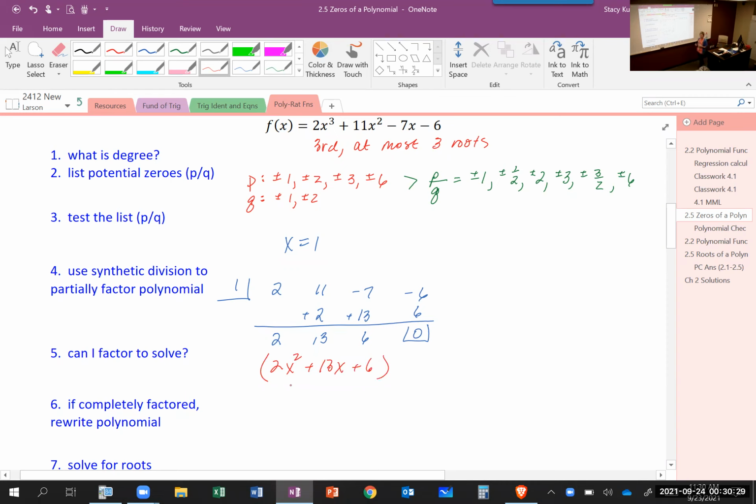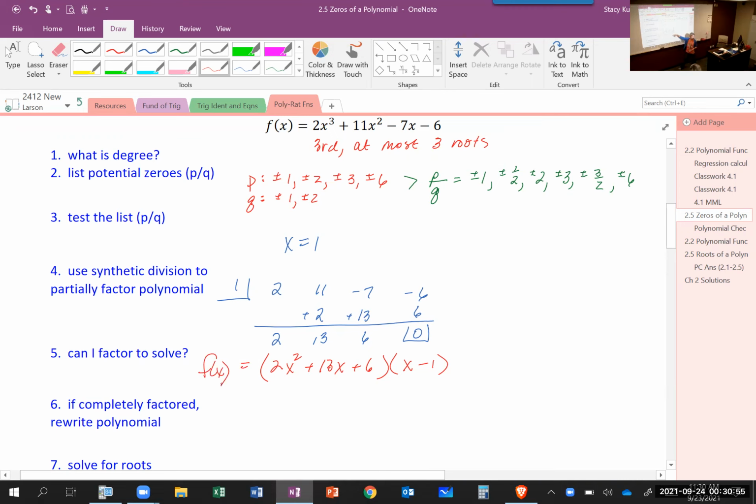That's how we would fill it back in? And I already have a factor of x minus 1, right? That was another factor that we had, correct? x minus 1.